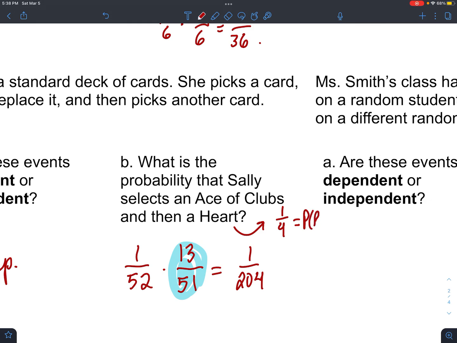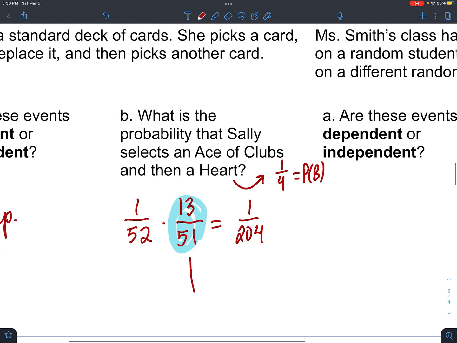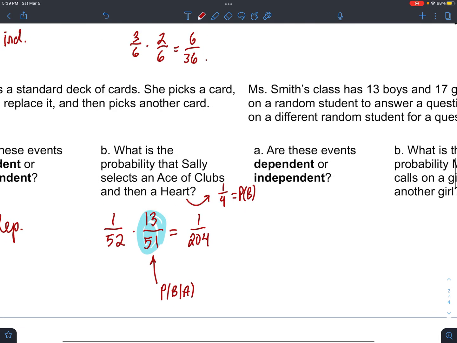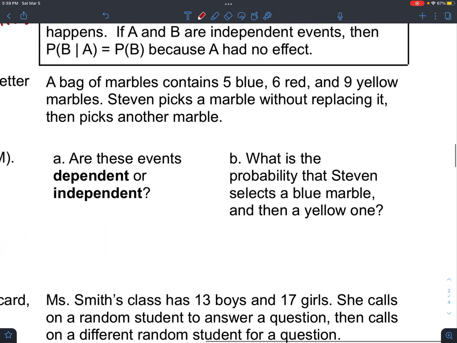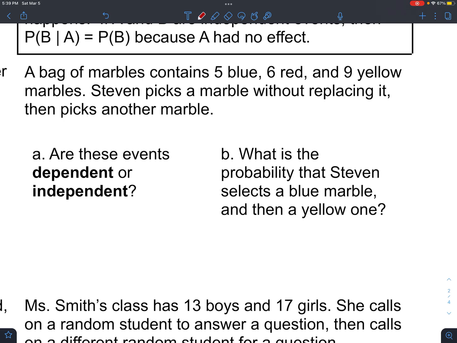So that's the probability of B, unaffected, independent, right? But this weird little thing is the probability that you draw a heart given that you drew the ace of clubs. And we're going to get into this given idea in the very last probability section, the next section. So let's finish this up.